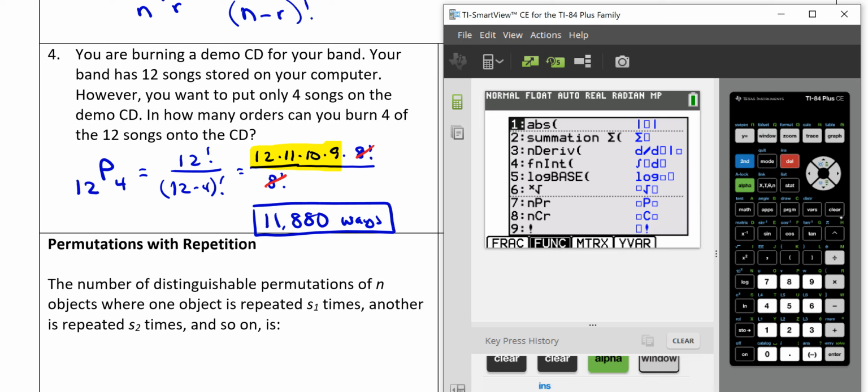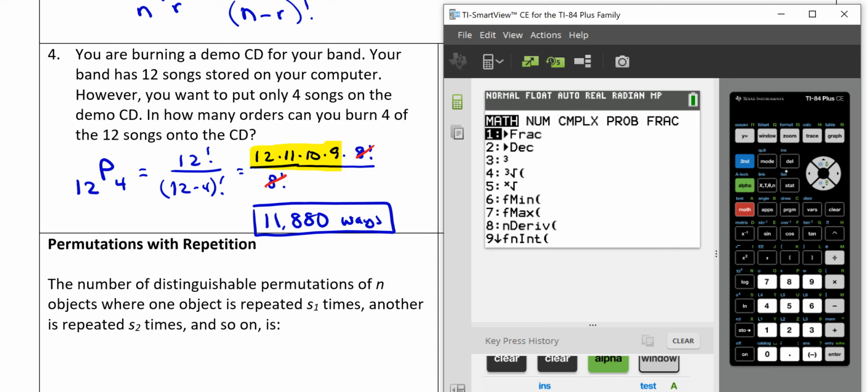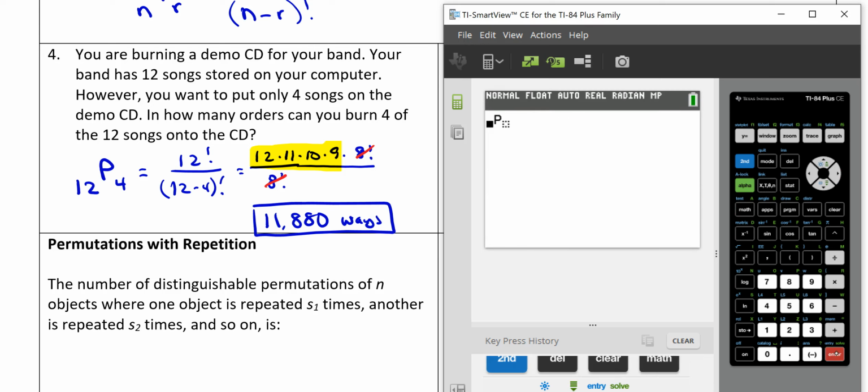Or, clear, you can go to math, arrow over to probability, and notice again option 2. So nPr. It's the permutations of n things taken r at a time, and then you just fill in 12 over, and then 4. Now we're going to check to see if we got the same answer, and we did. So that can be a very useful tool, your calculator on your ACT when you have that time test.